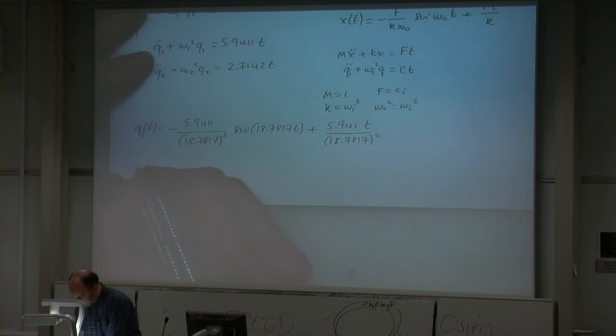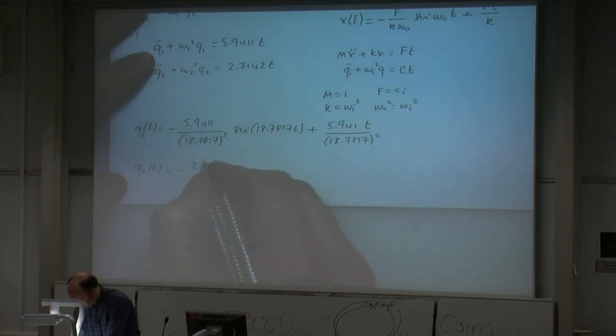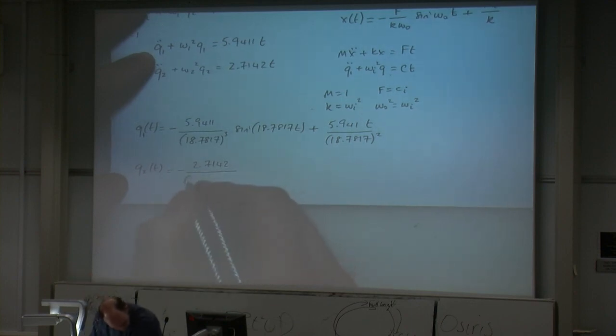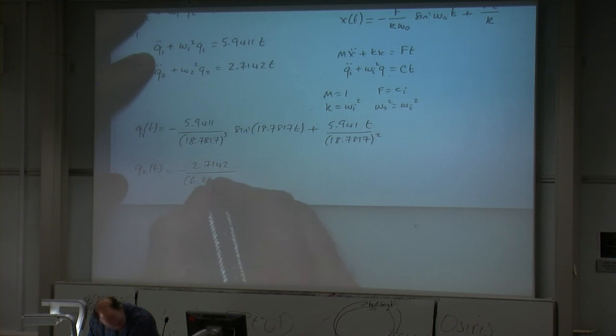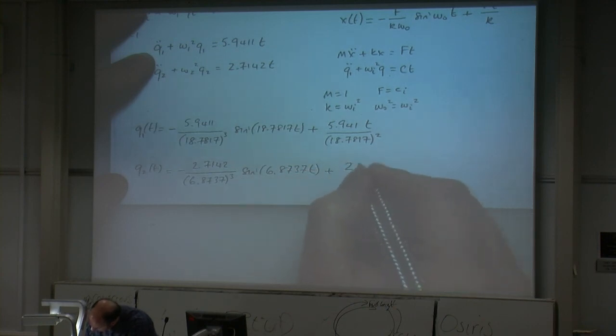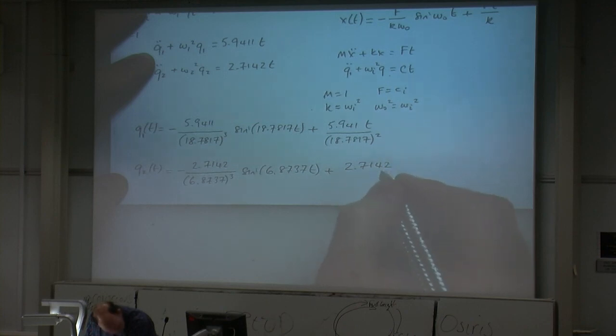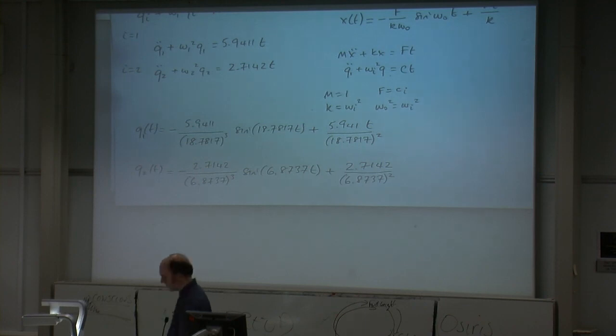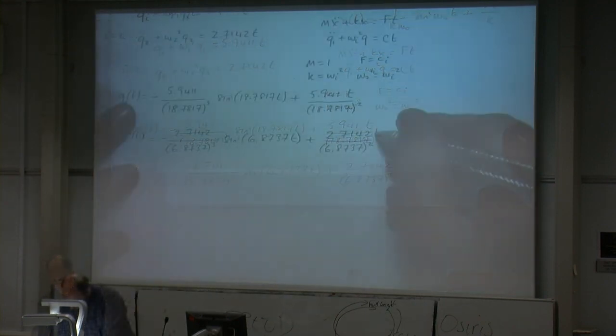And q2 is exactly the same process. We have minus 2.7142 divided by 6.8737 cubed, times the sine of 6.8737 times t, plus 2.7142 divided by 6.8737 squared, times t. So that's q2.